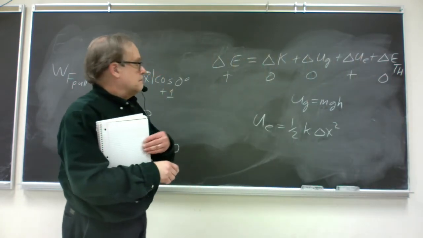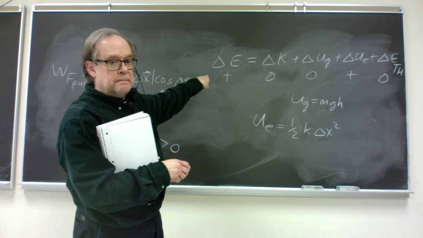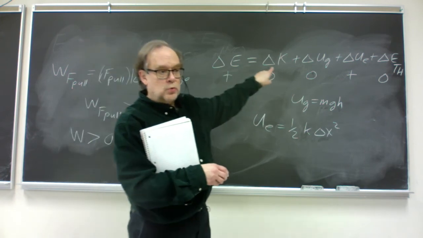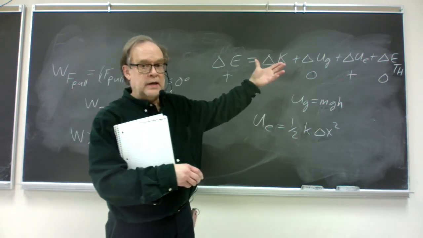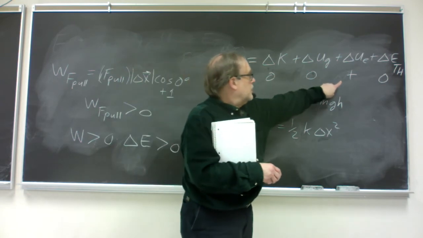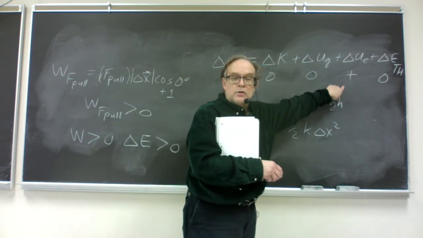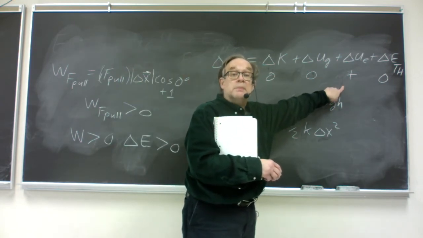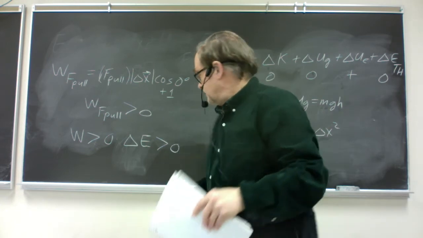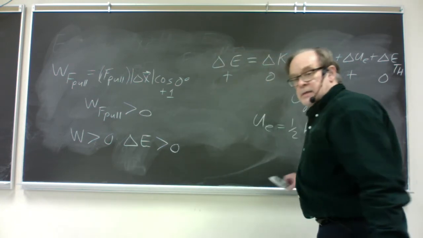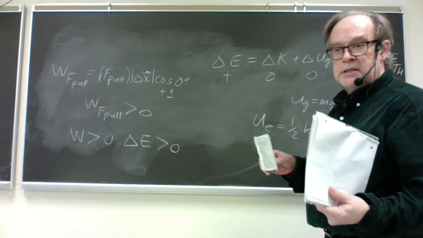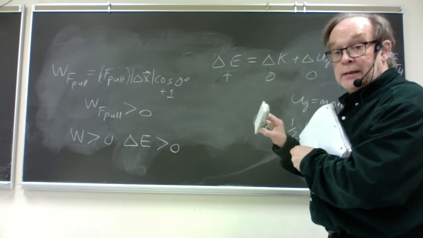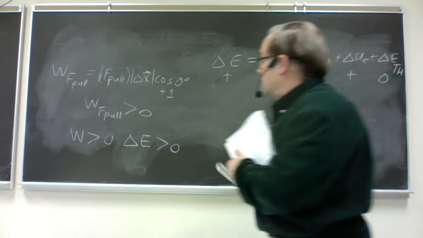So that means that I gave the system energy, and when I was finished doing the work that gave the system energy, all that energy I had given to it shows up as elastic potential energy. Now let's look at that same system immediately after I let go of the mass.